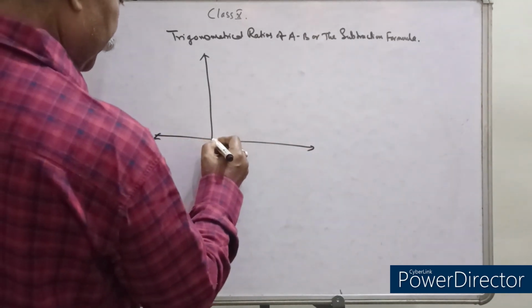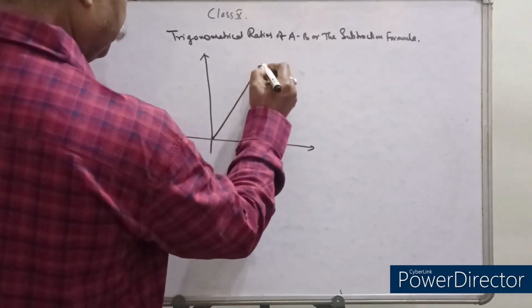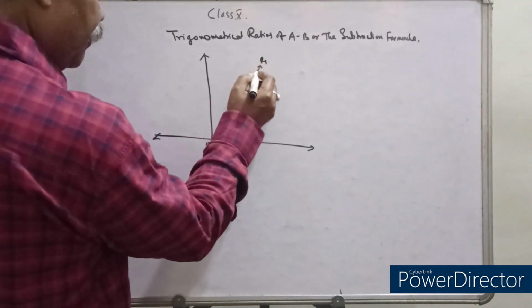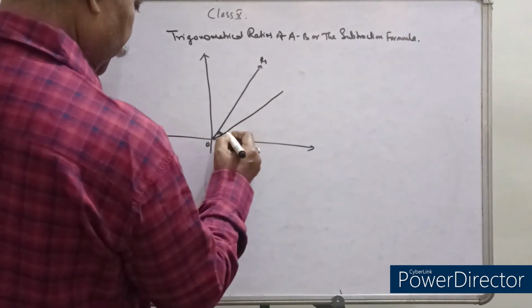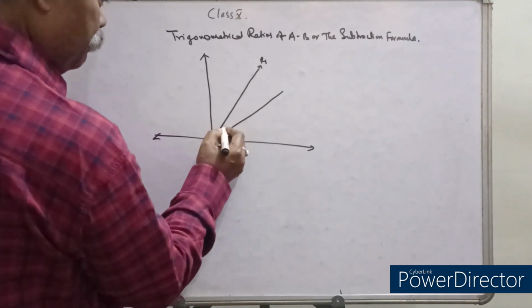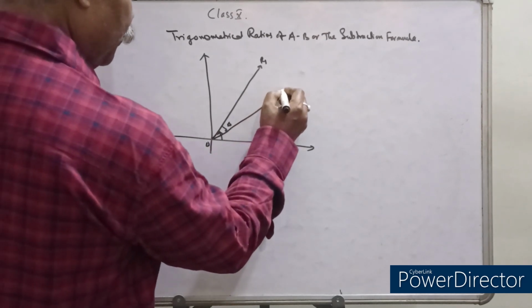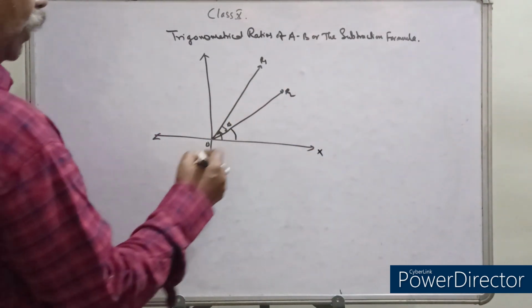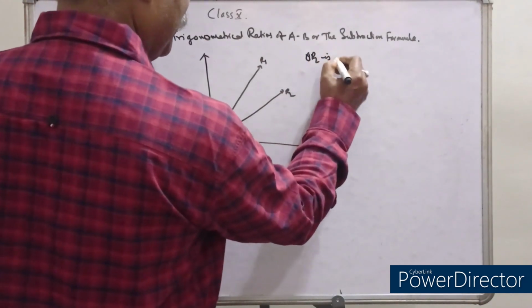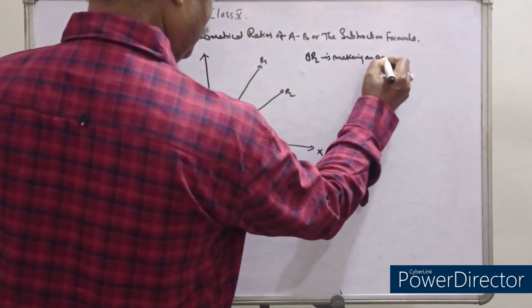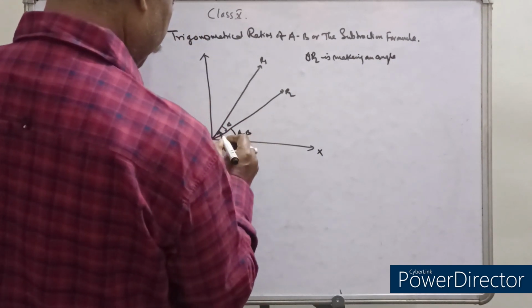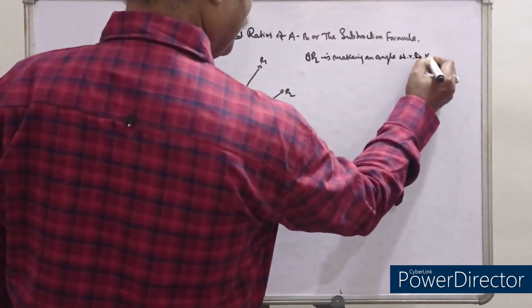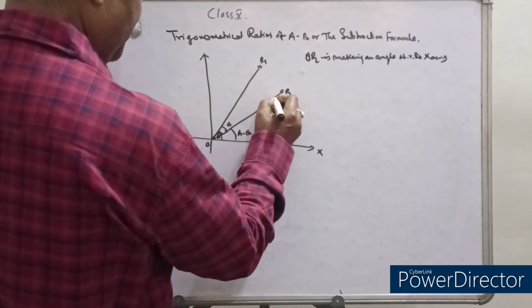A ray OR1 first makes an angle A in the anti-clockwise direction, and after that it returns back and makes angle B. So OR2 is making an angle A minus B. Earlier it was A, then A minus B, with respect to the x-axis.